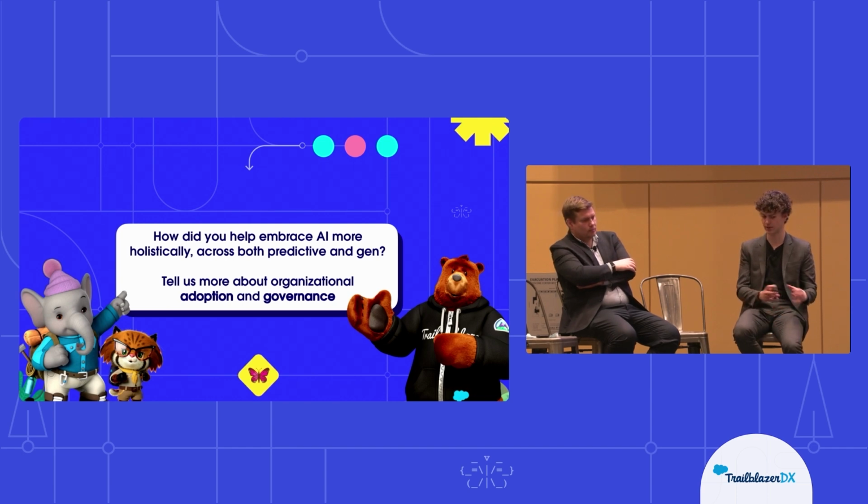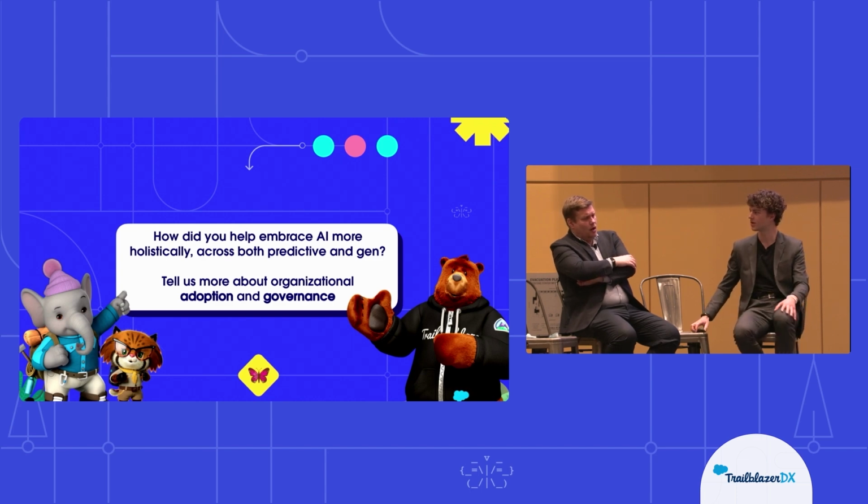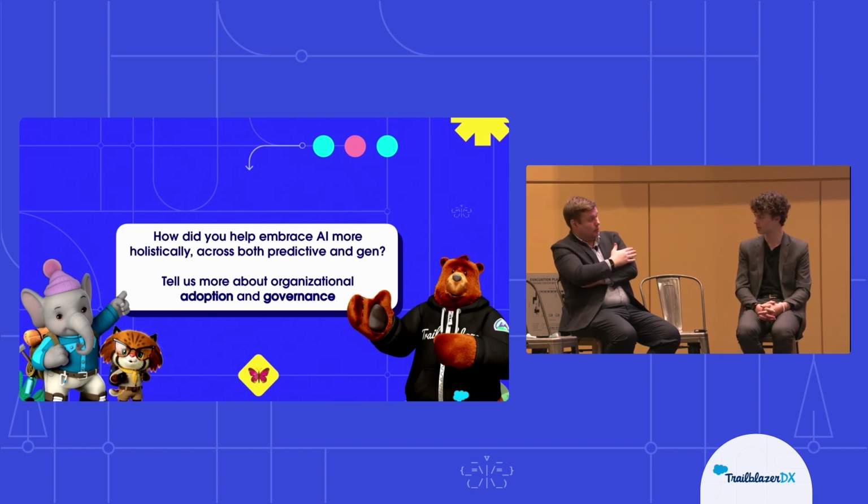Gotcha. And then in addition to solutions, what were the adoption and governance procedures that you've seen success with today with this client? Yeah, with these clients at Accenture, we've got a lot of really good change management people who come in to help drive a lot of this. First it was getting comfortable with AI, making sure people understand this is not going to replace their jobs, it's going to help you.